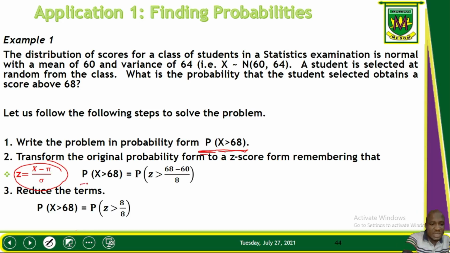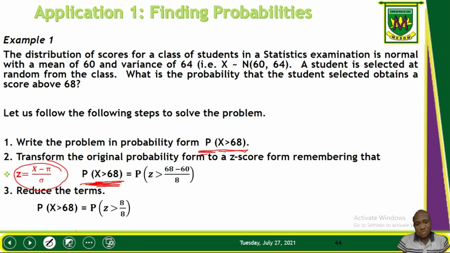So we write the probability in probability form again, P outside, and in brackets, the chance of picking a student whose obtained score, the x, is above 68.